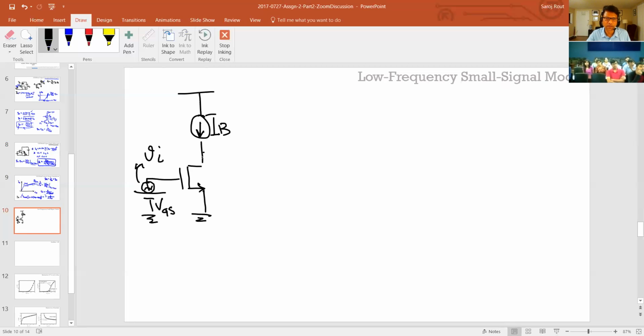So that's your drain node, that's your gate node, that's your source, and you also have a bulk, which, let's say for now we have some negative bias here. So that's your VSB, right?